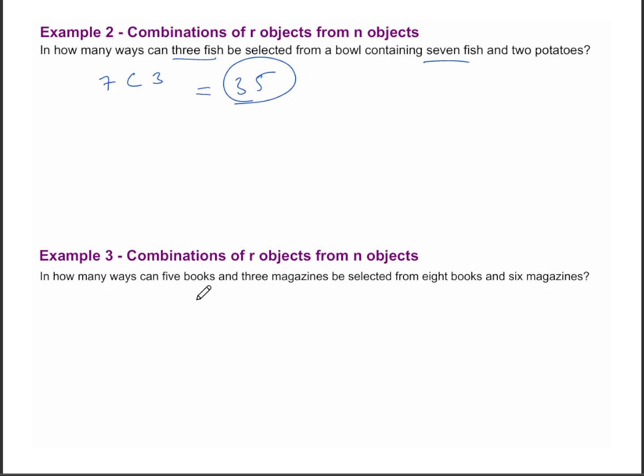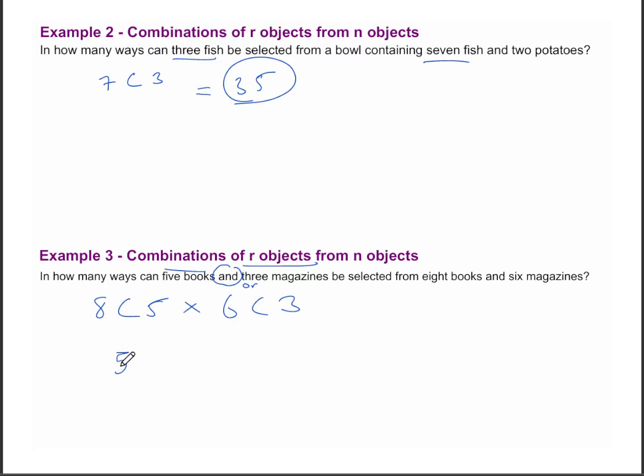Next, in how many ways can 5 books and 3 magazines be selected from 8 books and 6 magazines? So firstly, we're choosing 5 books from a possible 8. So we have 8 total books and we're choosing 5 from there. Then we have 6 total magazines and we're choosing 3 from there. And because we're selecting both with the 'and' and not the 'or', we will be multiplying these two.